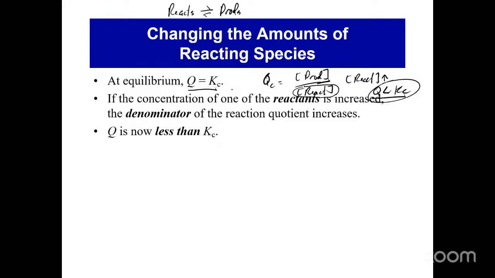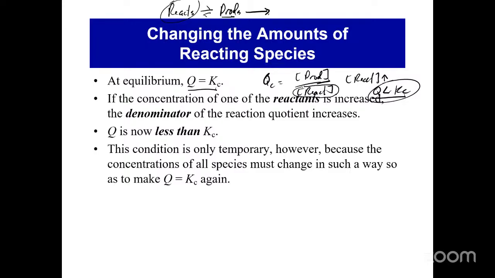So how does it do that? And the answer is that the reaction will shift in this direction, right? In other words, some of the reactants will react to form more products so that the concentration of the products will increase and the concentration of the reactants will decrease, and therefore the Qc value will now be equal to the Kc value, all right?